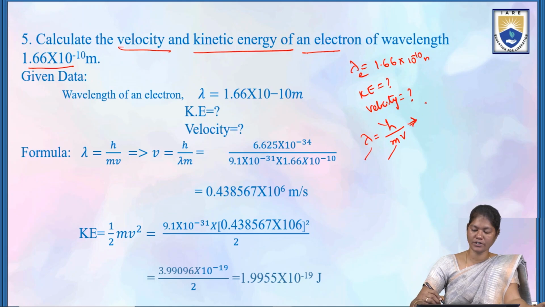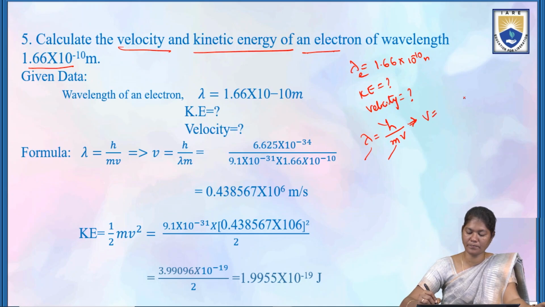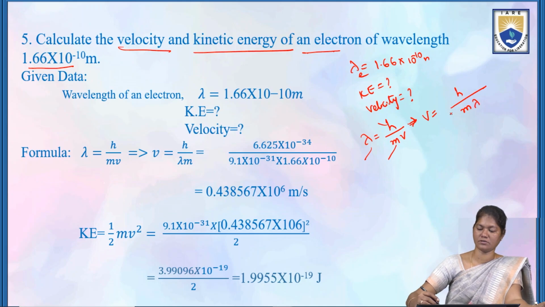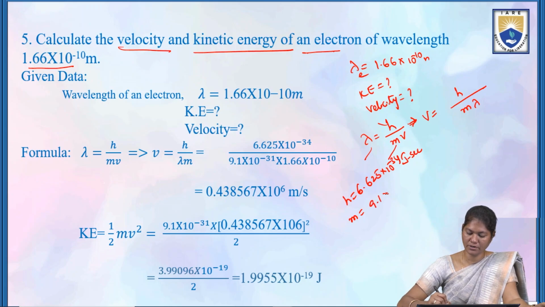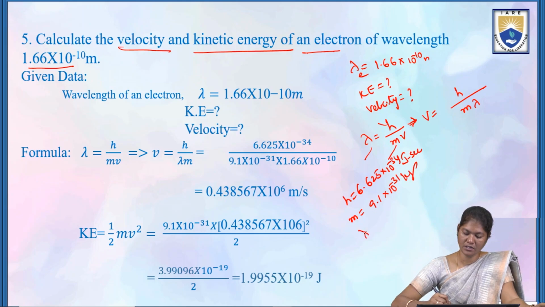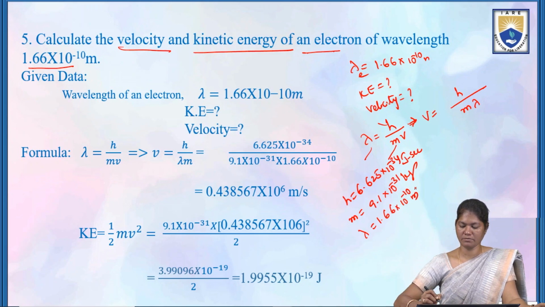So v is equal to h by m lambda. h is 6.625 × 10^-34 joule second, m is the mass of the electron, 9.1 × 10^-31 kilograms, and lambda is given as 1.66 × 10^-10 meters.